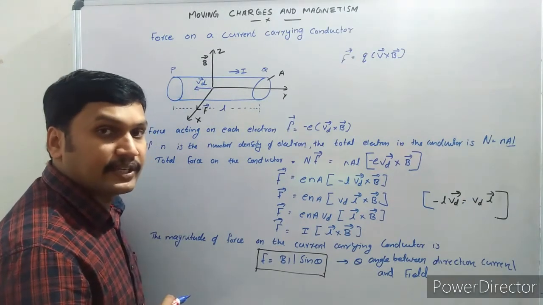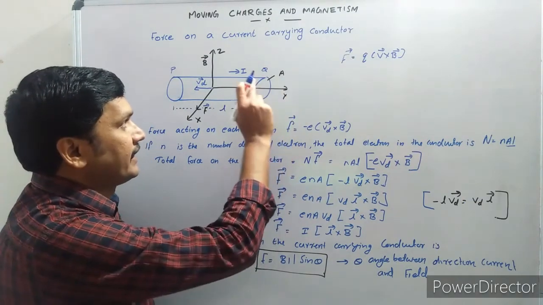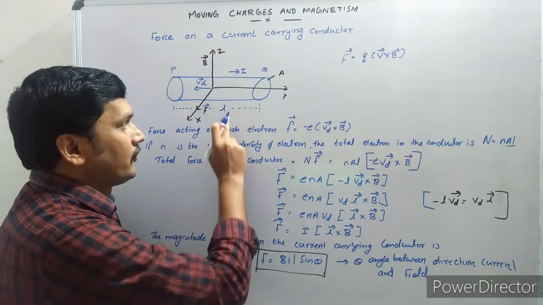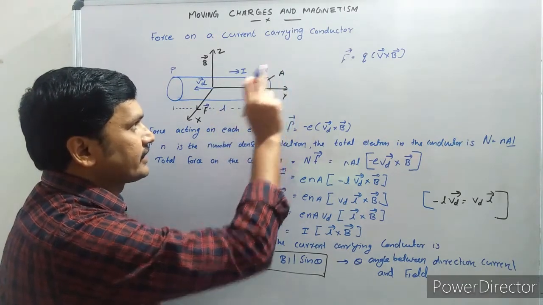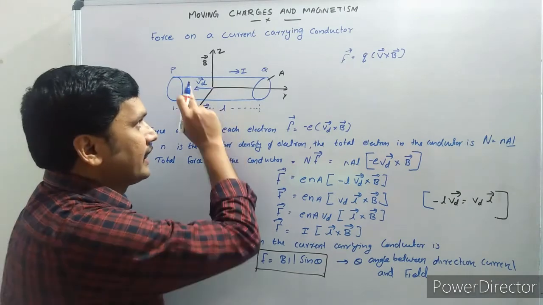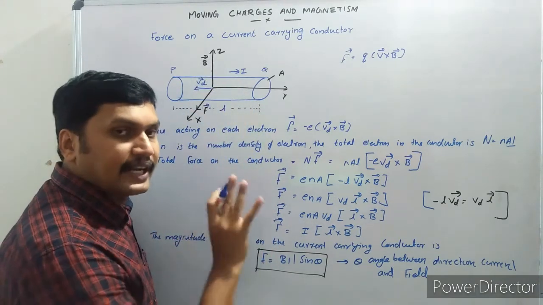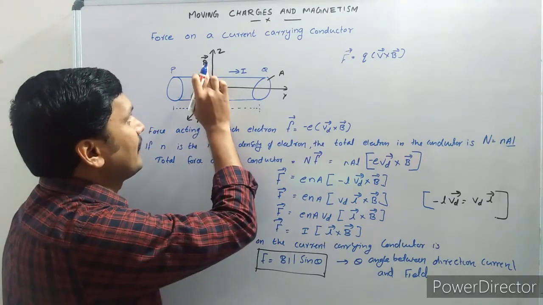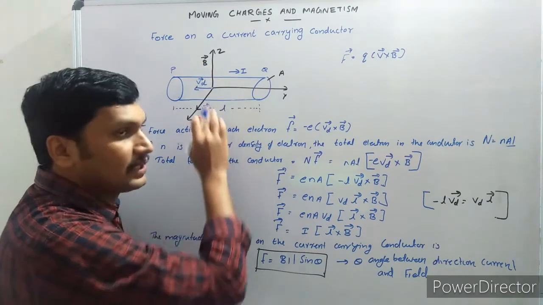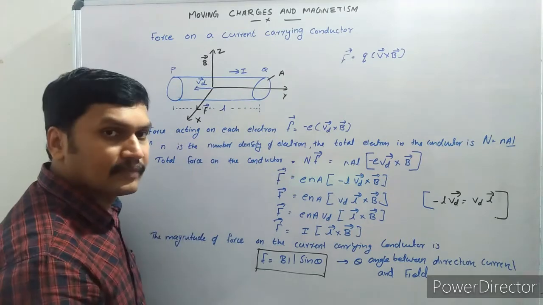Now let us see the situation. We have a current carrying conductor of length L and cross-sectional area A. Current I is flowing through this conductor in this direction. This conductor is placed in a uniform magnetic field of strength B, as shown in this diagram.